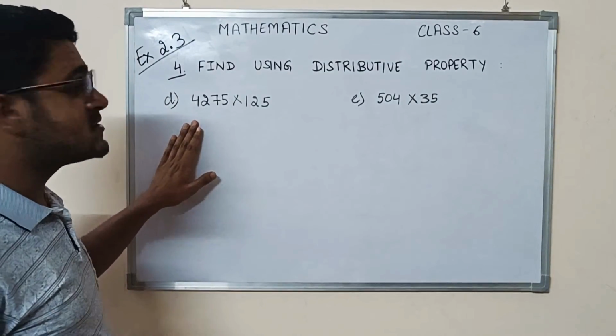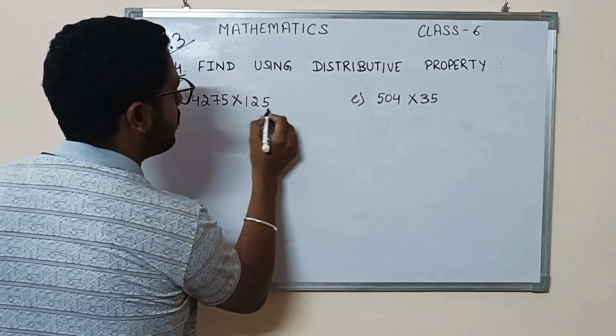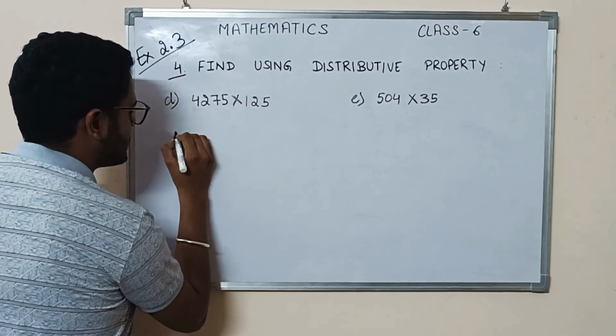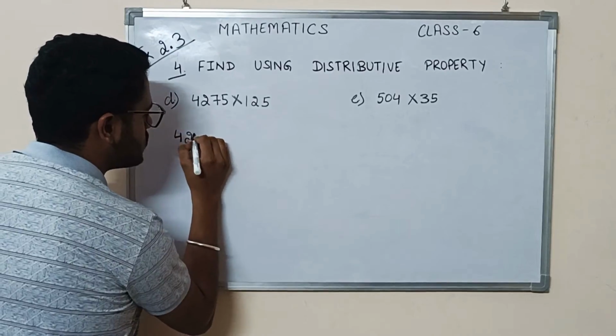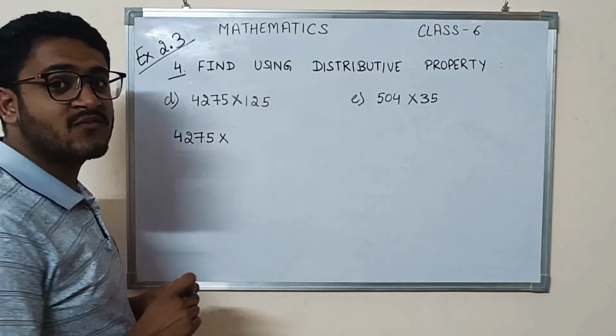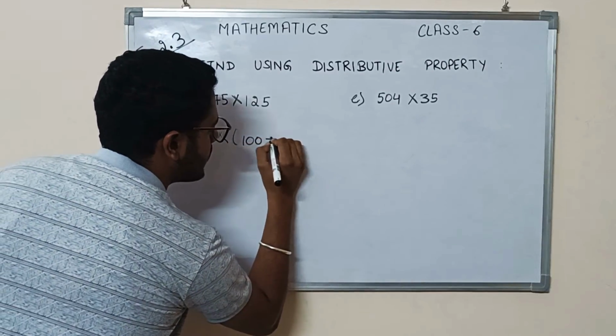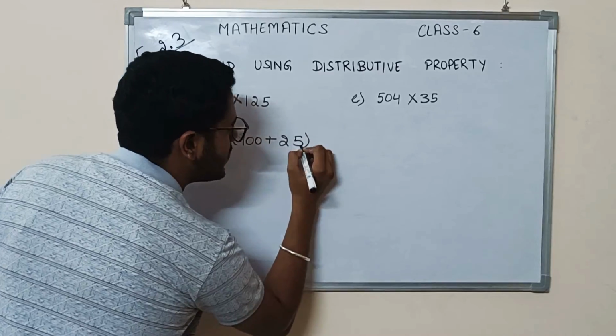Now the next part is 4275 multiplied by 125. Now let's solve this. 4275 multiplied by 125 can be written as 4275 multiplied by 100 plus 25.